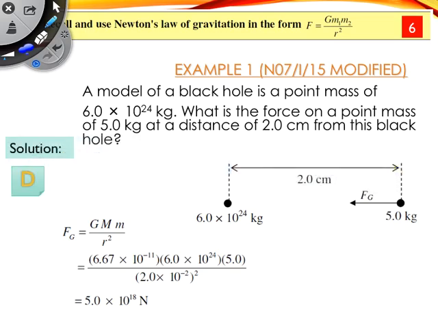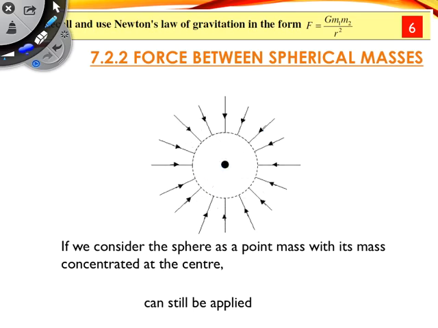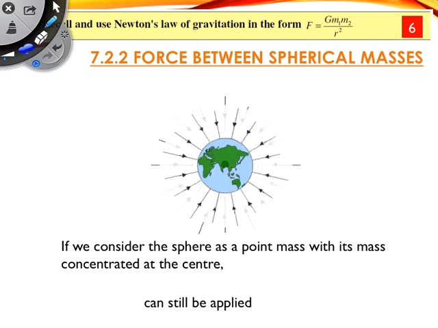Okay, so the answer is D because it was previously an MCQ. Again, I can still apply this same equation if I'm using spherical masses. I told you to just treat it as a small concentrated mass within the shell. So Earth, in terms of calculation, I just treat it as this.